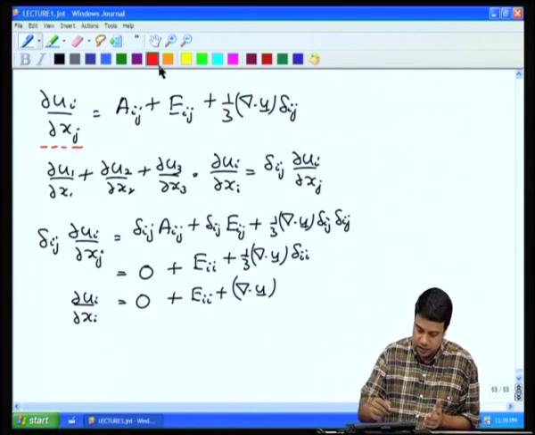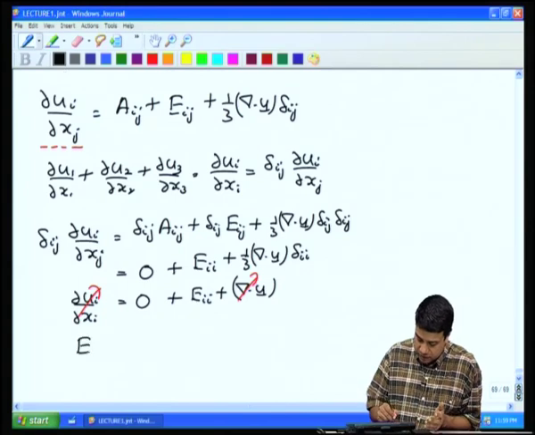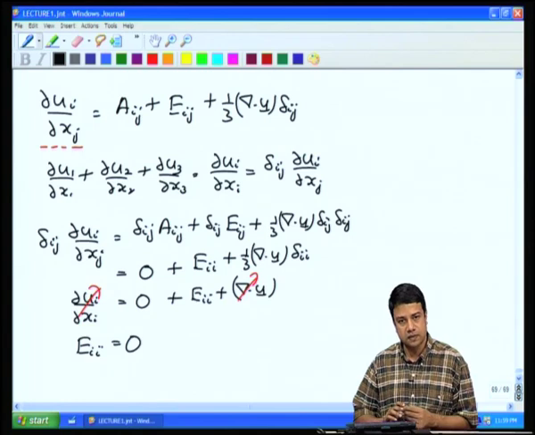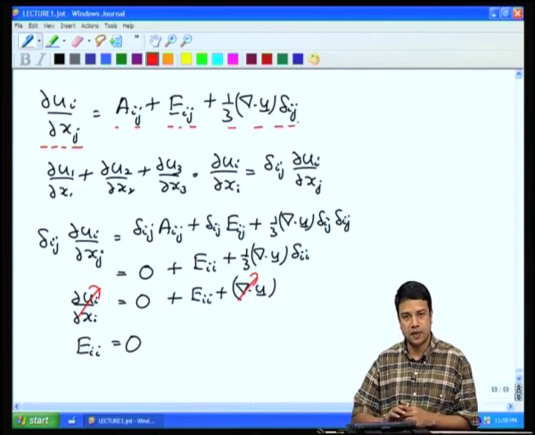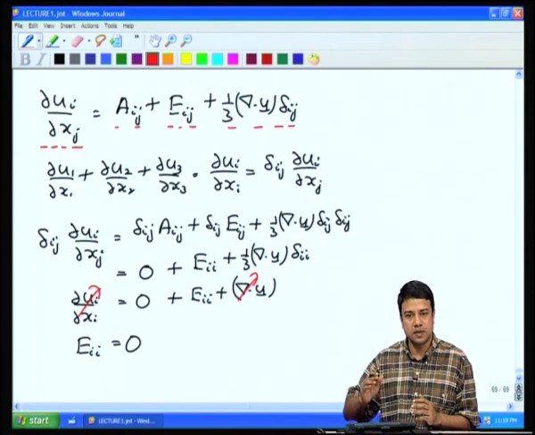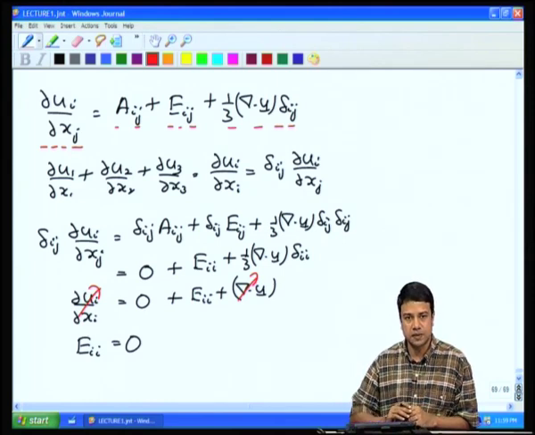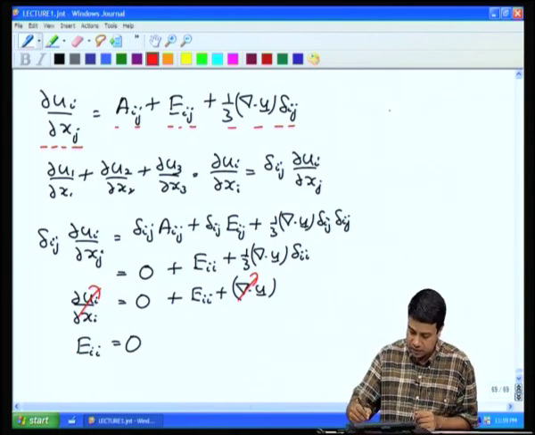So, these two will cancel out to give me that the trace of E is equal to 0. So, E is symmetric traceless, A is antisymmetric, and this is the isotropic part. The sum of the diagonals is equal to the divergence of the velocity times 1/3 of the identity tensor in 3 dimensions. So, this part here of course represents radially outward flow.